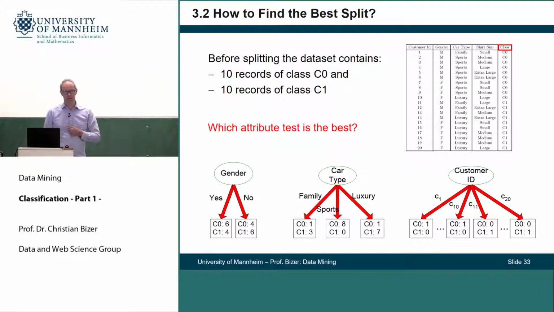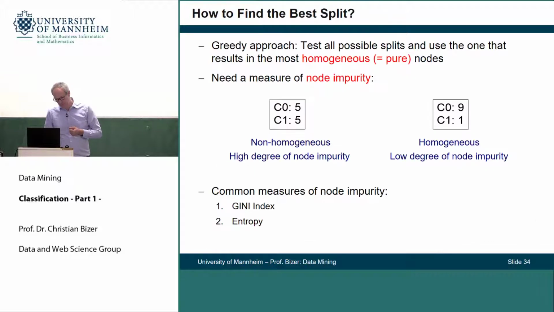So which of the splits is best? We don't know, and basically we need to apply a purity measure, some metric which we calculate from the distribution of the examples in these sub-buckets, and this metric should tell us how homogeneous or non-homogeneous the examples are.